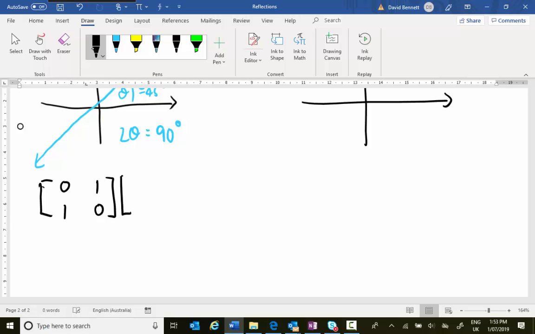So if I multiply that by x and y, remember x and y are values like 2 and 1 or whatever. 0 times x is 0, 1 times y is going to give me y, isn't it? And then 1 times x, 0 times y is going to give me x. That's what's going to happen.